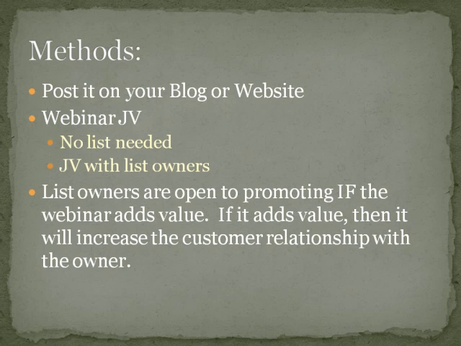So the only way that the list owner is going to want to JV with you is if you have an affiliate program. Meaning if they send you the traffic, and let's say they send you a couple thousand people, and out of those couple thousand people some people buy, for every one of those people that they refer, you need to credit the list owner and pay the list owner a commission.